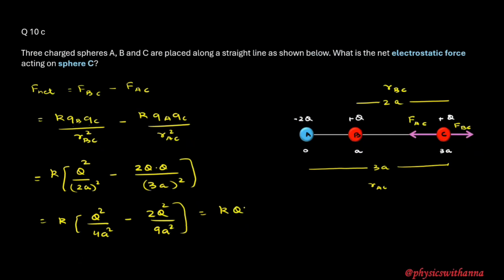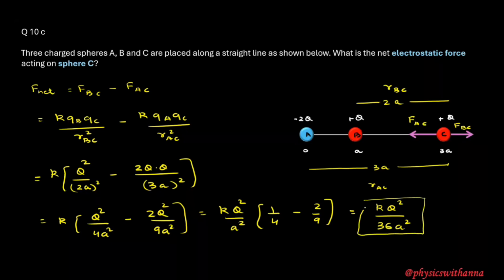So kQ squared over A squared, you get 1 over 4 minus 2 over 9. Now while solving in exam, you can find this sum in the calculator, and then substitute. So we get this as kQ squared over 36A squared. The force is positive, therefore it will move to the right.